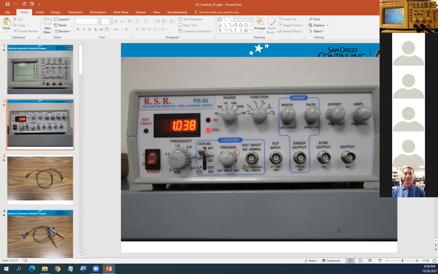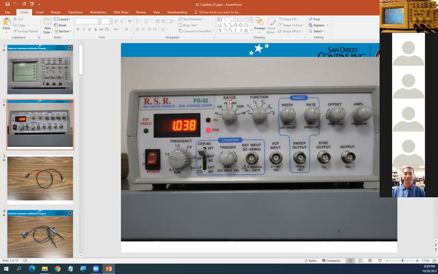And also on this scope here, you see the range. You see that?